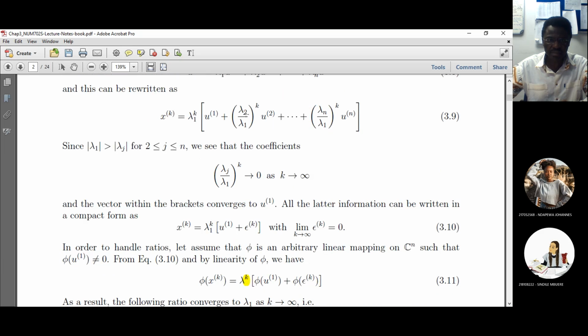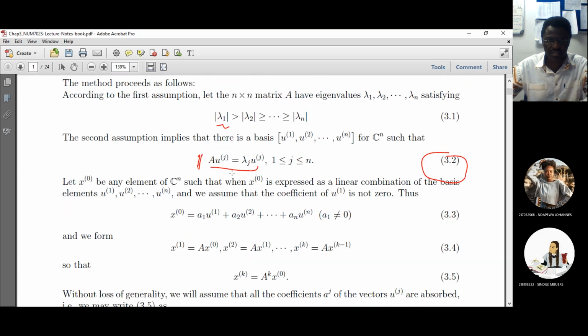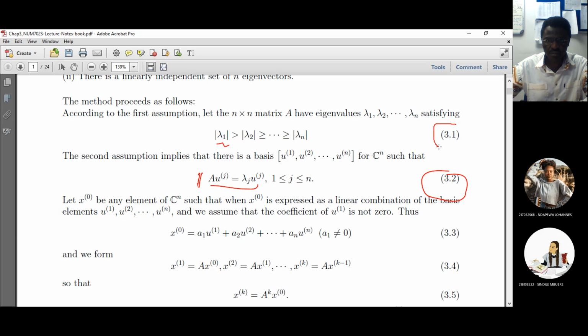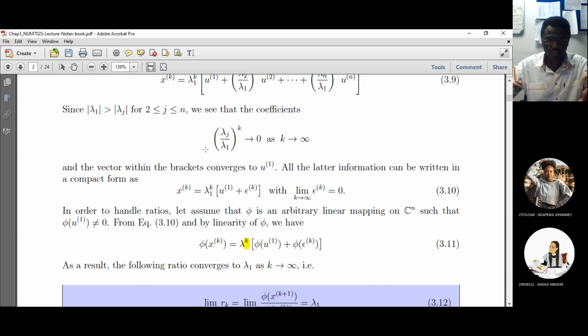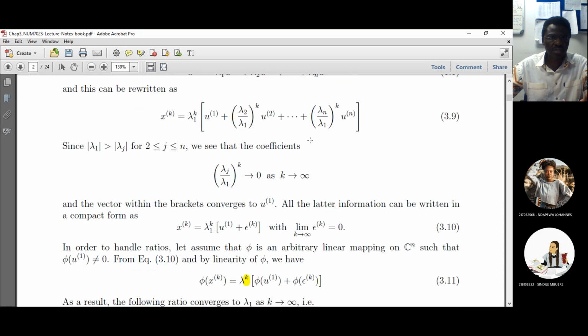Because it's dominant, in absolute value we have this condition, equation 3-1. Now, if I divide everything by lambda 1, the ratio will be less than 1. So all the lambda i divided by lambda 1 will be less than 1, so raised to the power of k will converge to 0. This is what we call a geometric sequence, right?